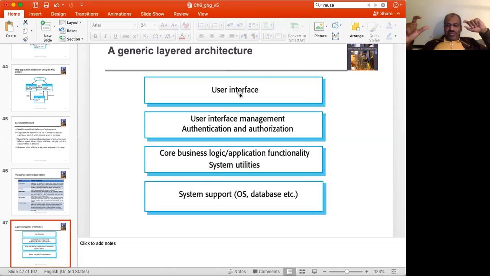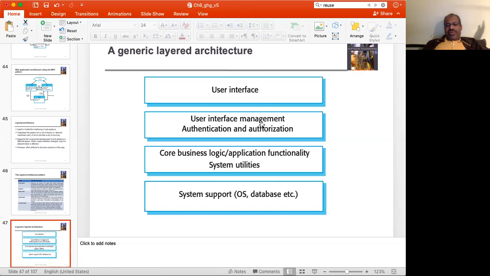So again, localizing the effect of change, containing it within a single layer as much as possible to minimize the effect of change on the rest of the system, which gives rise to a more maintainable system.